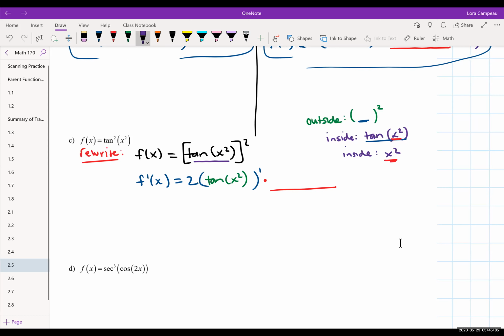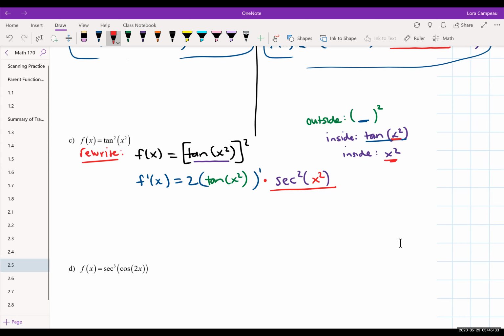And so we have to go back and say, okay, tangent and secant seem to be related according to derivative speak. First of all, what's the derivative of tangent of something? Derivative of tangent is secant squared of something. And I have to think, what was that something supposed to be? It's supposed to be the x squared.